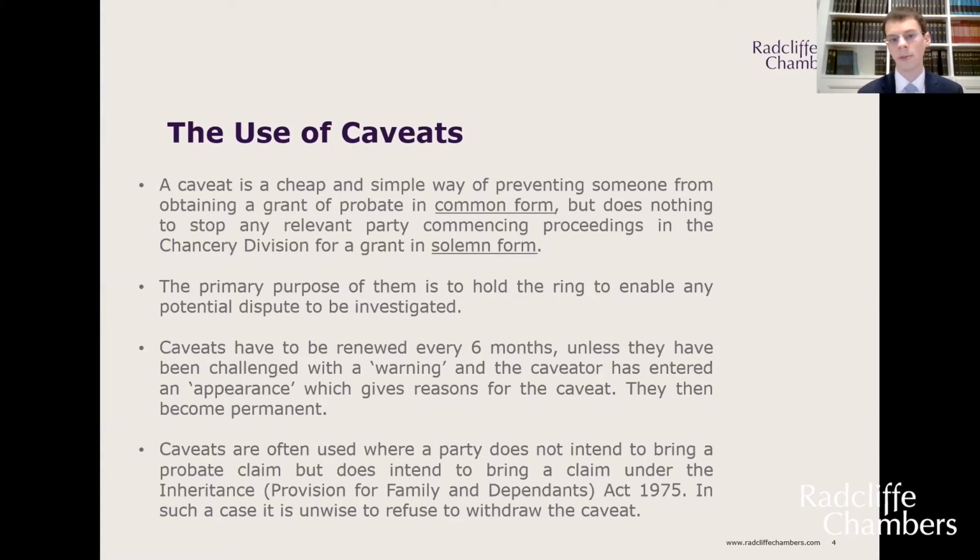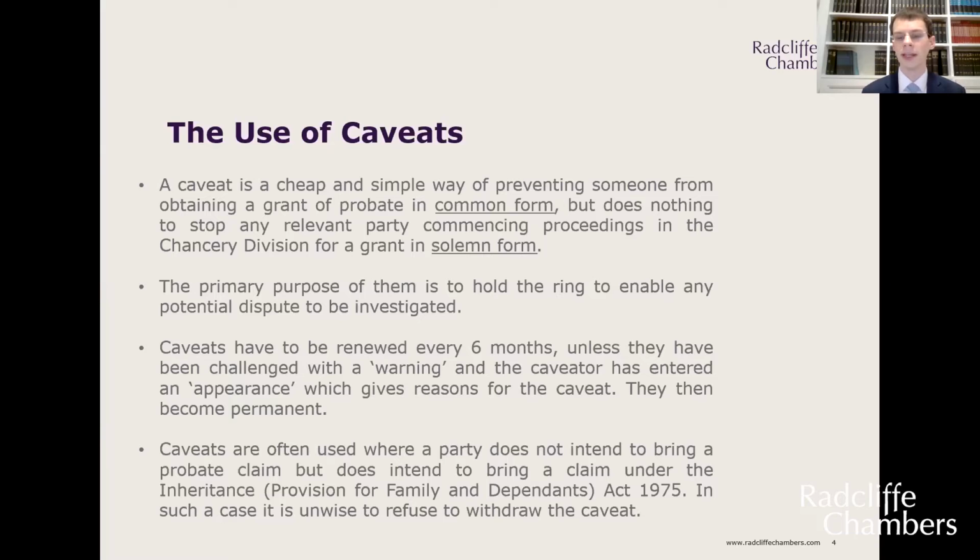I've talked about the primary purpose of caveats. However, they're also extremely popular for parties who don't really intend to challenge the will at all in the probate sense, but do intend to challenge it in the sense of bringing a claim under the 1975 Act on the basis that the provision the will makes for them, although it's a valid will, isn't reasonable provision. That's perfectly fine. There's nothing stopping you doing that.